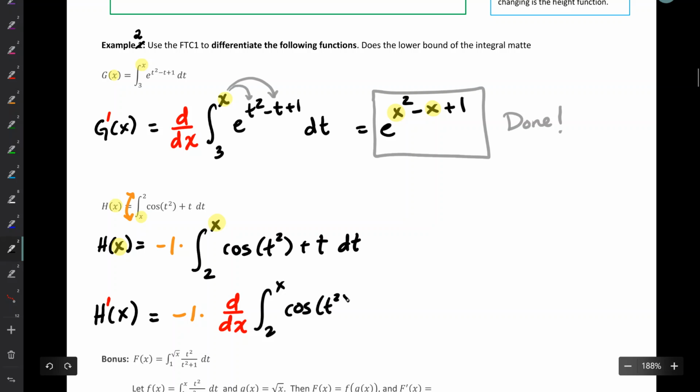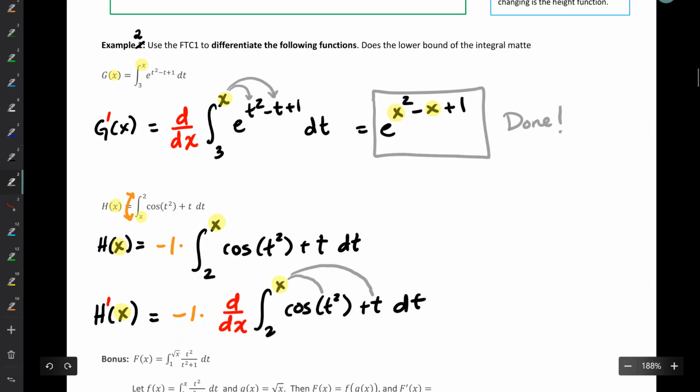A lot of writing. All I am going to do is replace these t's with x's, and we are multiplying it all by that -1. So what do we have?